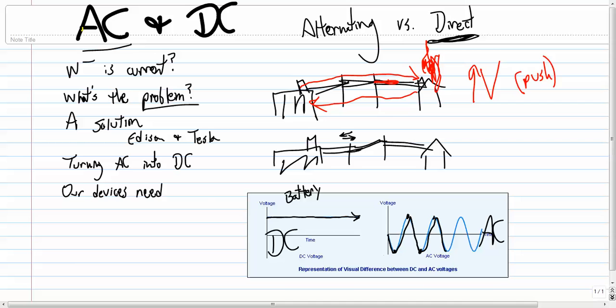It does it many times per second. Actually, in the US, it switches directions 60 times per second. So this way of moving electricity, the little nudge and the little push, AC, turns out to be the best way to move electricity over any distance.